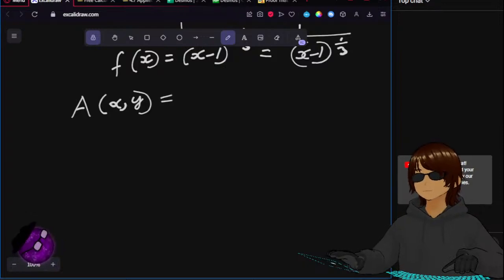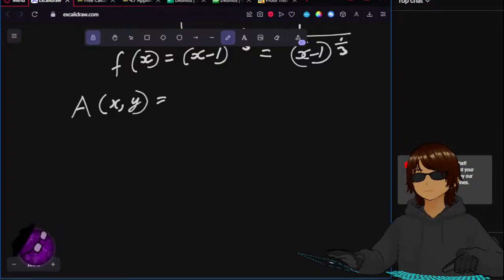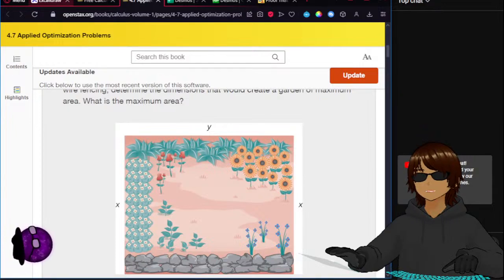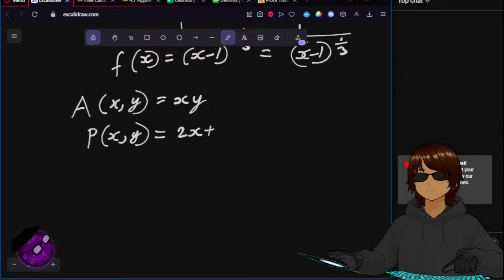Area is x times y, and then the perimeter, 2x plus 2y.